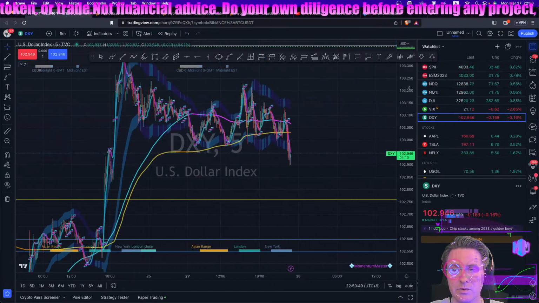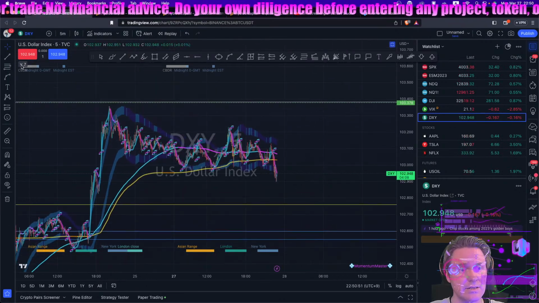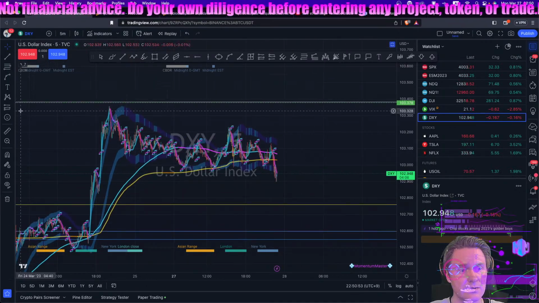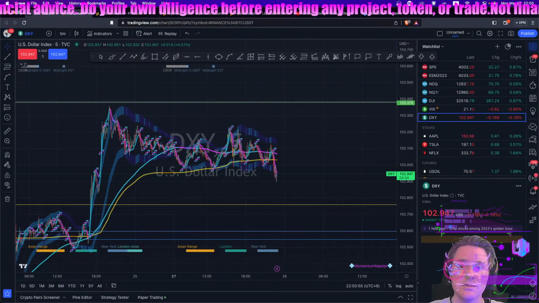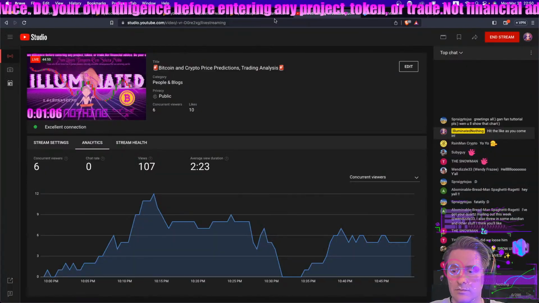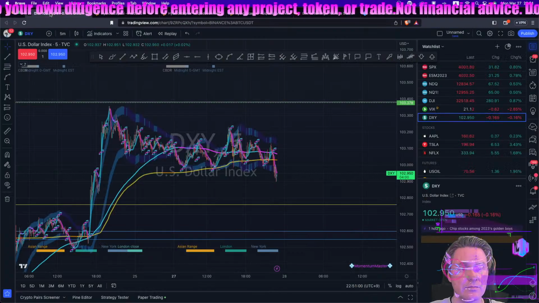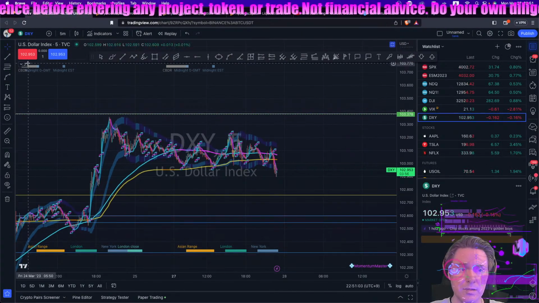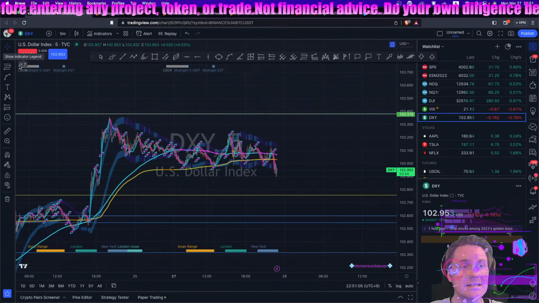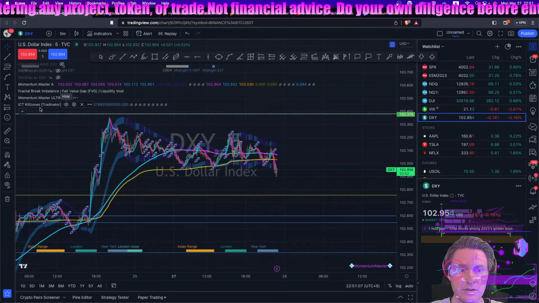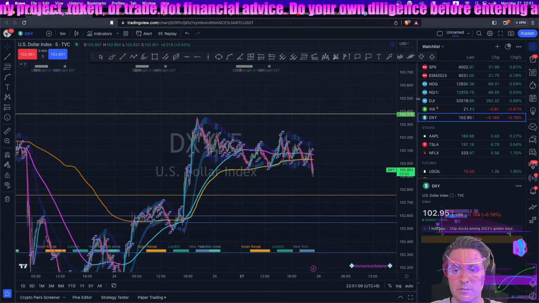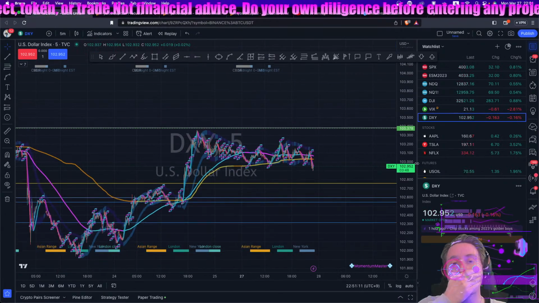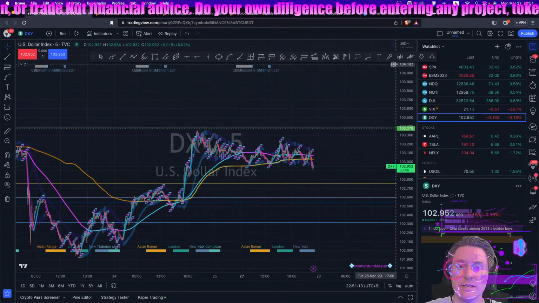If the indicators will load and show me what the stochastic data is like, that would be great. Load, please. Would you please load? Too fast for the internet.